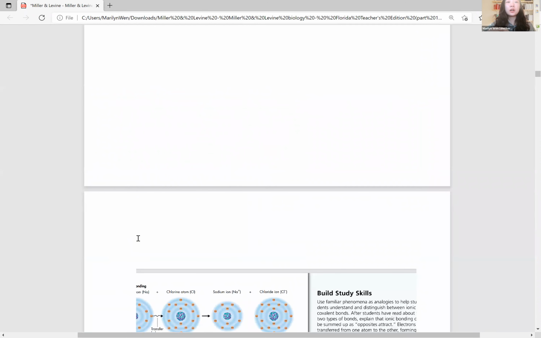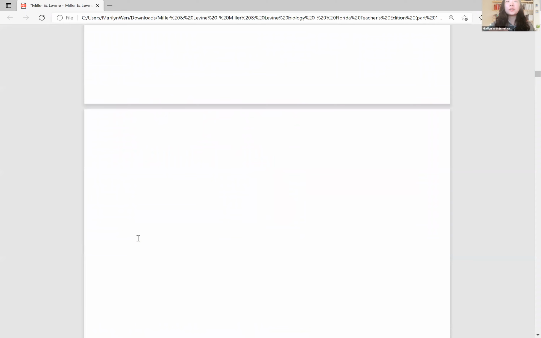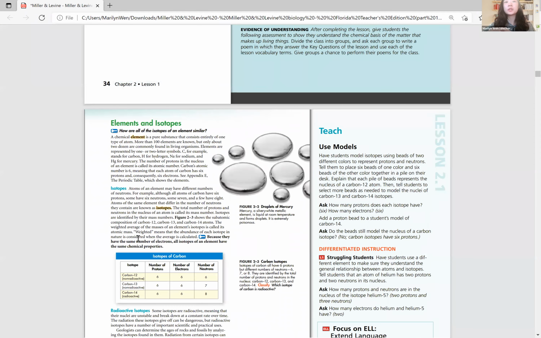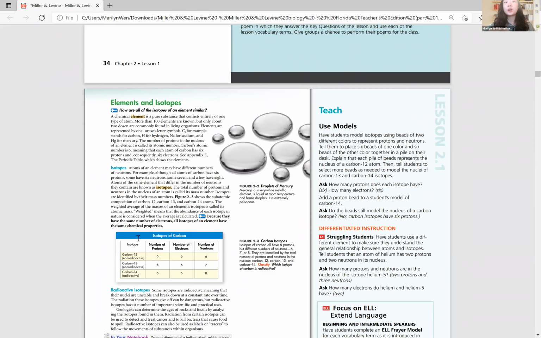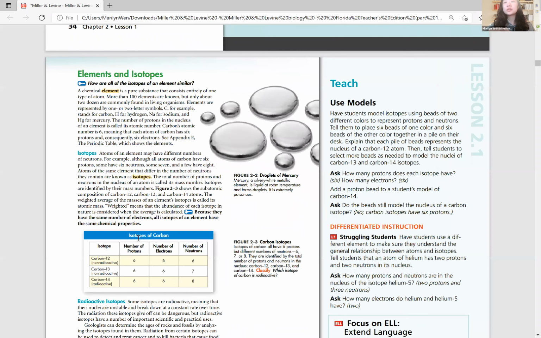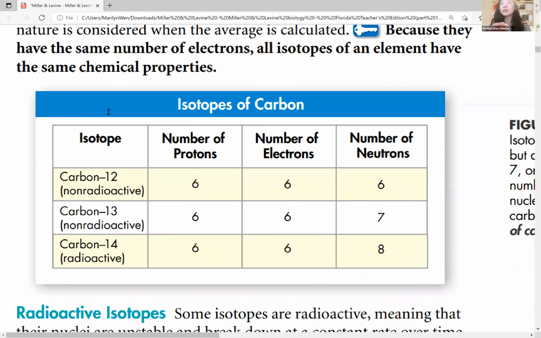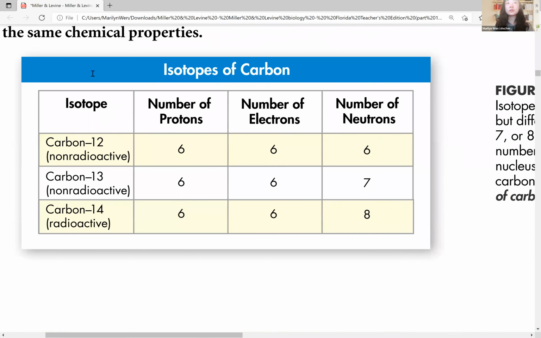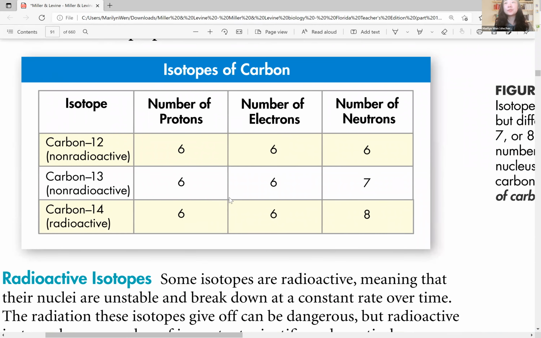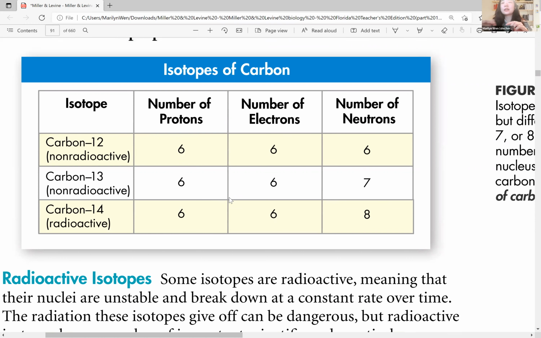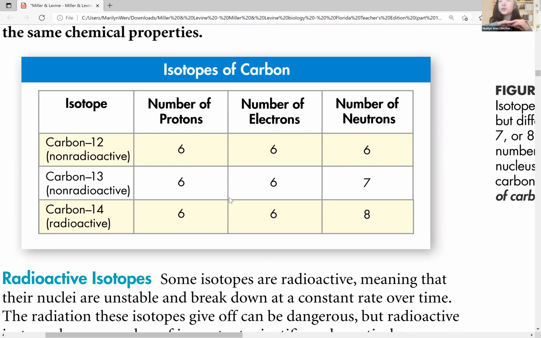What you need to know about carbon is that, first of all, carbon has a proton number of 12. Usually carbon is carbon 12, but you will see different carbons. If you see on this table, it has carbon 13 and carbon 14.